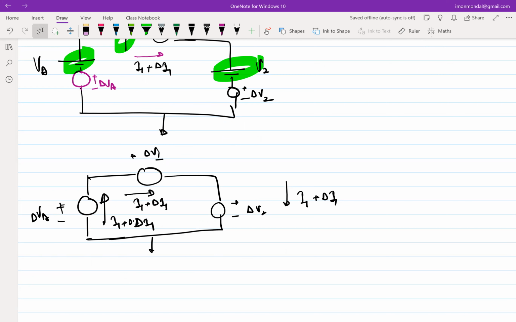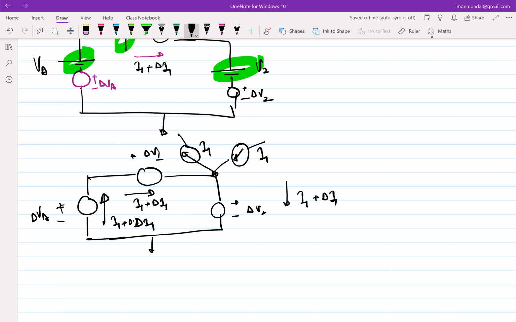So what I can do is, at this node, I'll push some current I1 in, and I'm pulling some current I1 out of that node. Essentially, I'm trying to get rid of I1 from the loop.